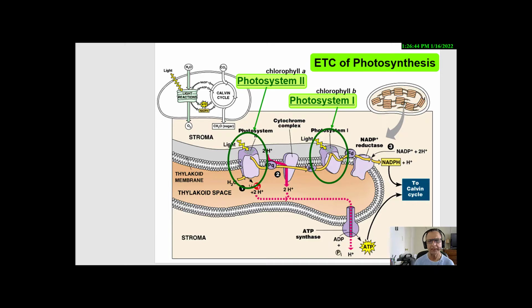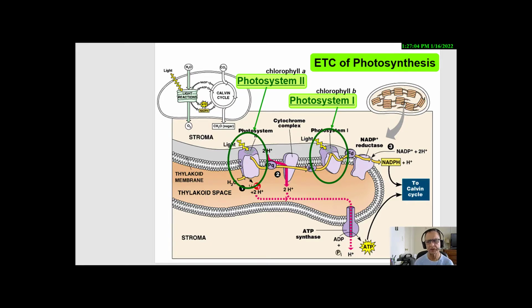So light gets into the photosystem. Photosystem 2 is responsible for splitting the water. As you can see, as a result of water being split, the hydrogen and the electrons create what are known as protons inside the thylakoid space.